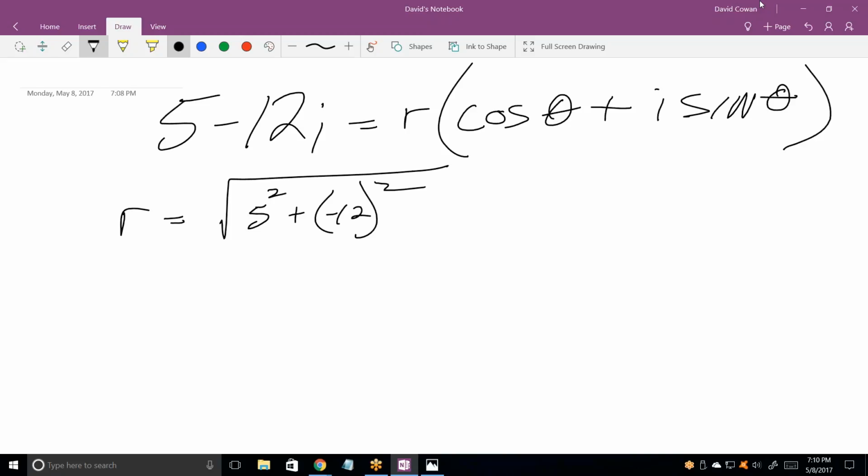In other words, R is the square root of x squared plus y squared. Even though this is not x and y, this is a and b. This is a complex number. Yes. You can think of it as x and y. Okay. So R is the square root of that, which makes R equal to 13.